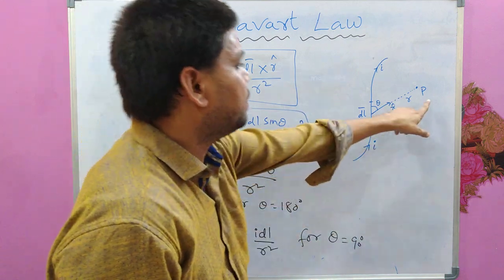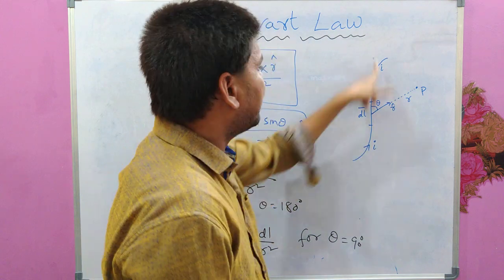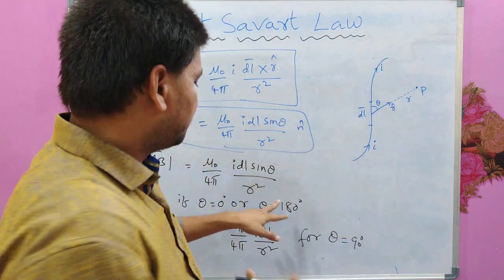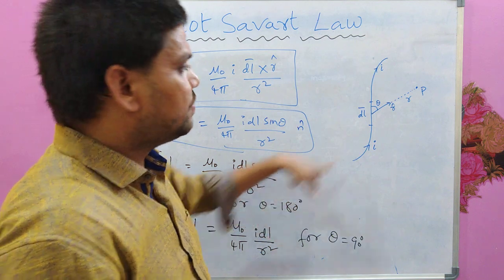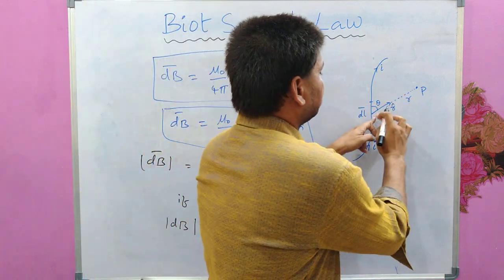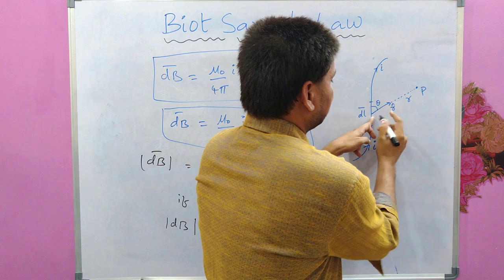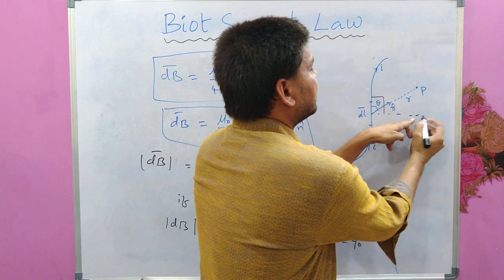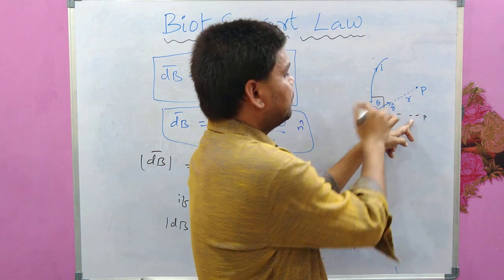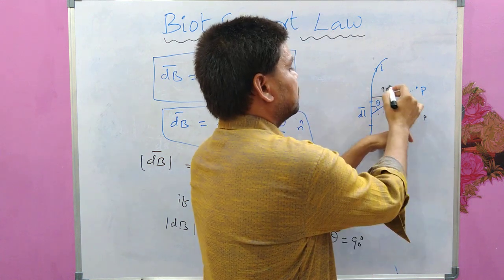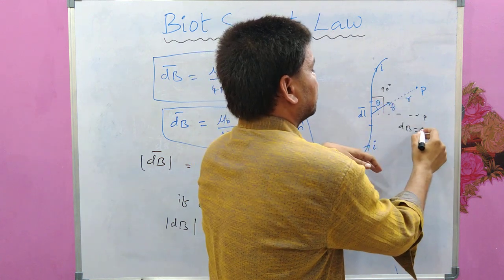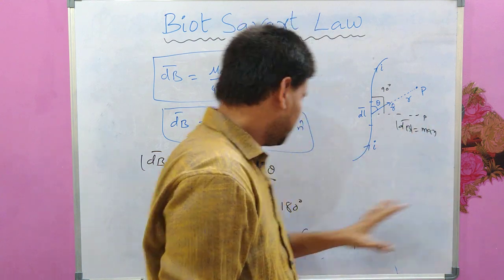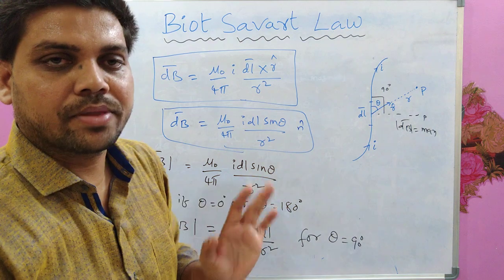In that case, if P is on this line itself, then the magnetic field on that line would become 0. If that P is exactly perpendicular to this length element, for example, if this theta is making some 90 degrees, then in that case, dB would be maximum. This you have to understand from this.